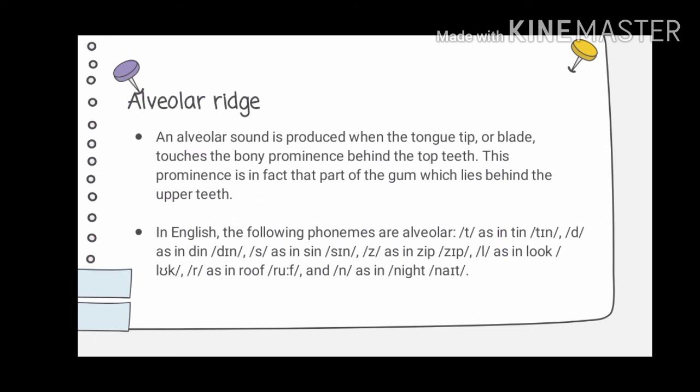In English, the following phonemes are alveolar, for example, t, d, s, z, l, r, and the last n, as in night.